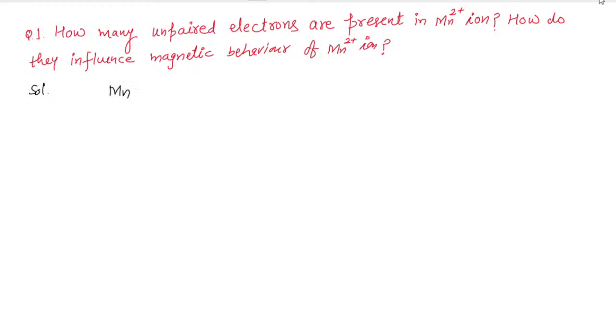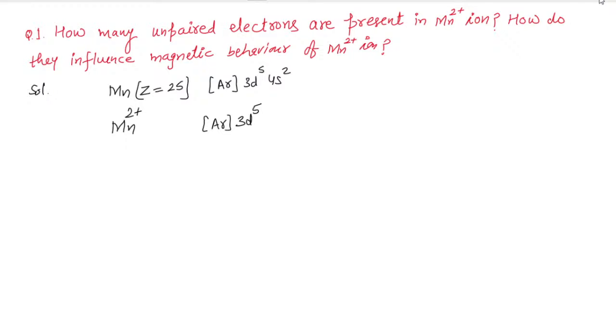You know, manganese atomic number is 25 and its electronic configuration is argon 3d5 4s2. So for Mn2+, electrons are removed from the higher shell number, that is 4s.